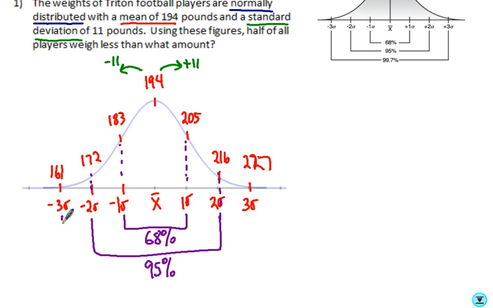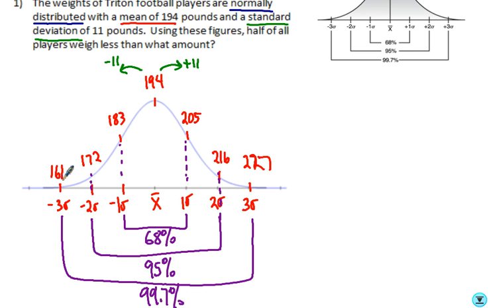And if I go 3 standard deviations out, 99.7% of our players are between 161 and 227. So basically everyone on the team is between 160 and 227.